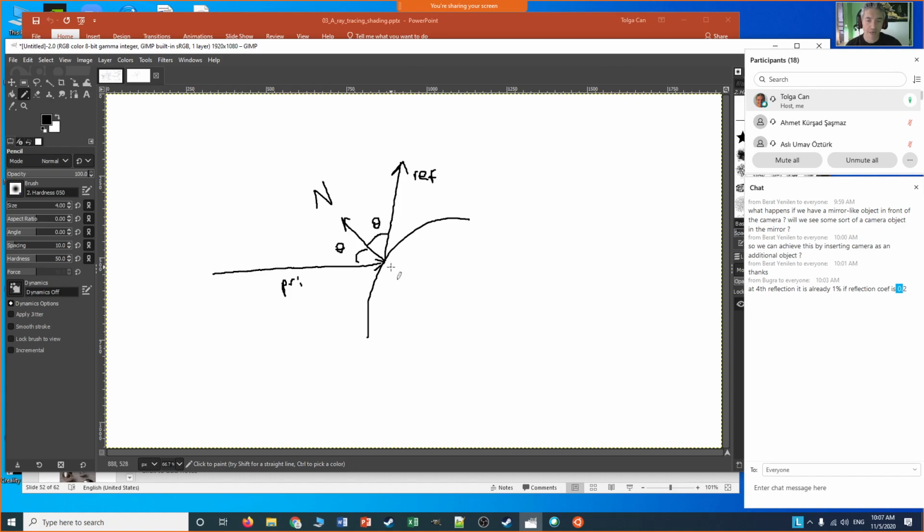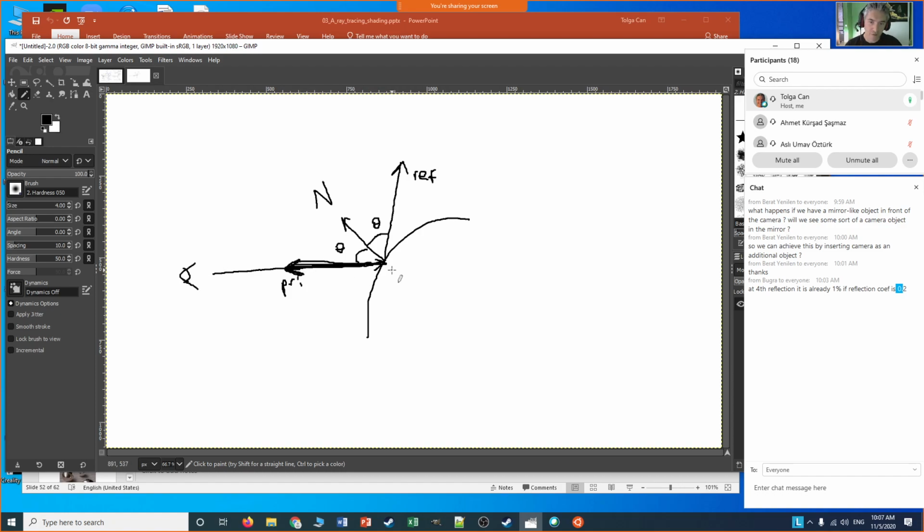If you remember these vectors from when we were computing the specular component, the view vector goes from this point towards the eye point. If this is my eye, my vector is in this direction. This is my primary ray.